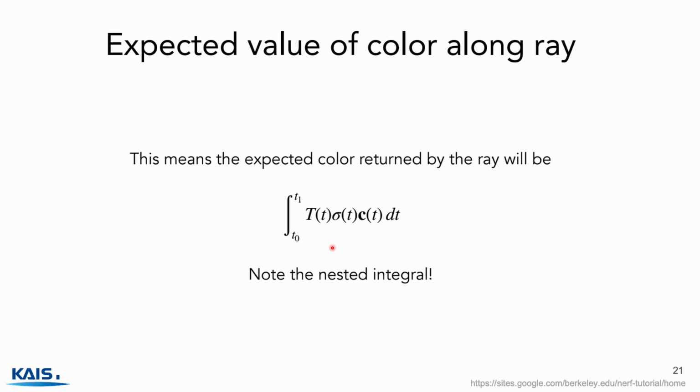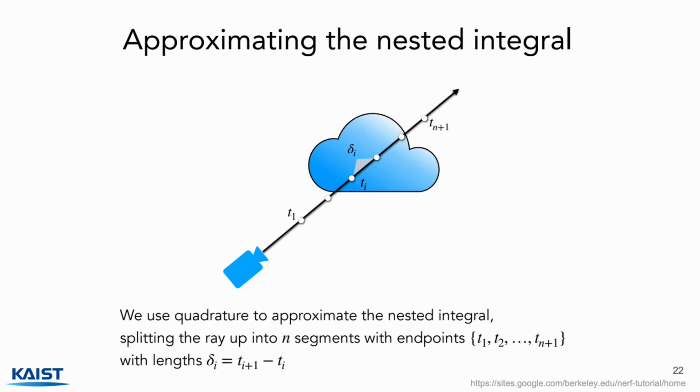It's a nested integral, so it is computationally tricky in itself. So what we do is approximate this nested integral using quadrature, by splitting the ray into N segments, and each segment has a length of delta t equals t_{i+1} minus t_i.